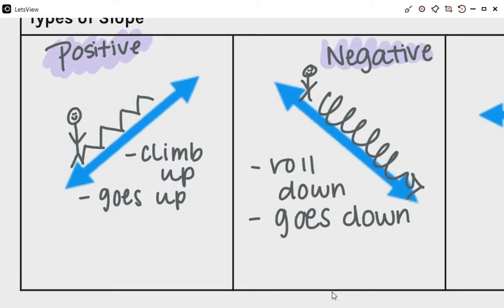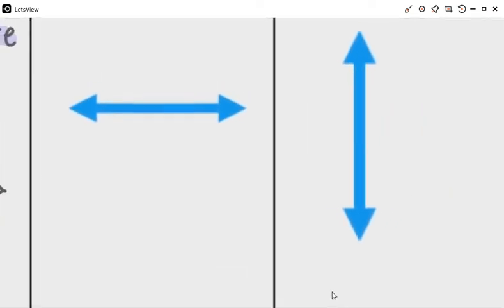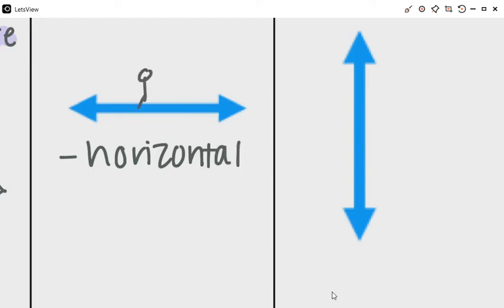These have our people. Our next 2 are not going to have our people, but they're a little special. So this first one is a horizontal line. If you put a person, they're not moving, right? They're going nowhere. Not moving. This will make more sense later in the unit.